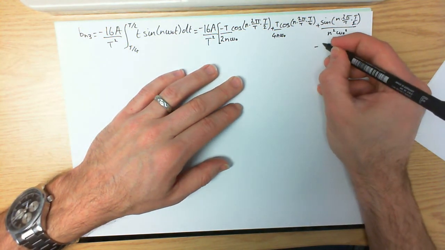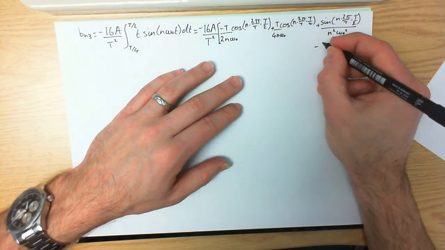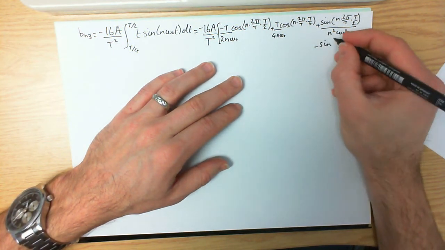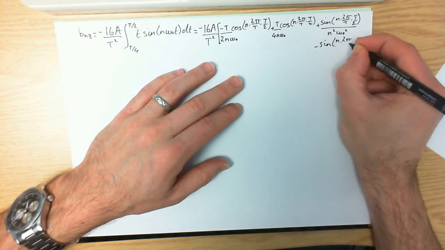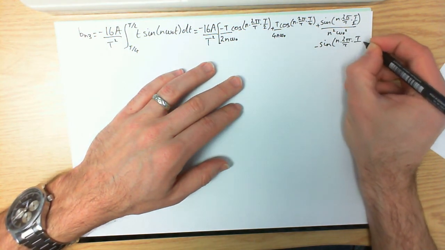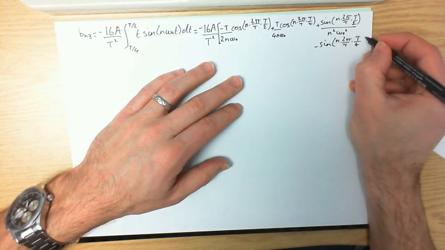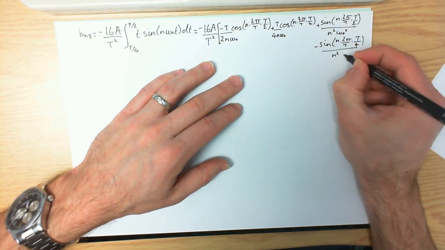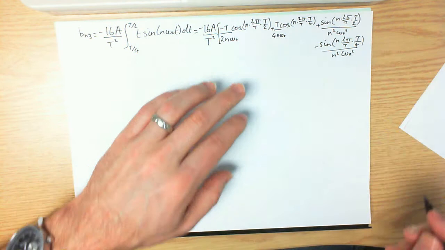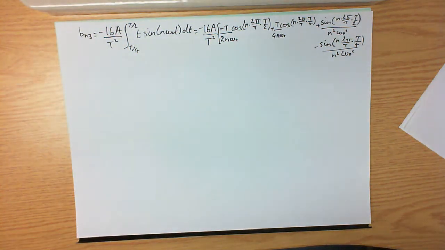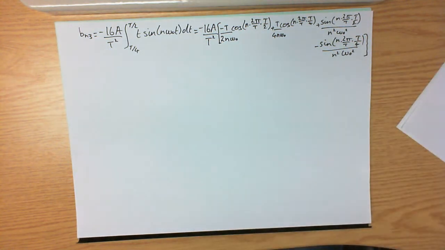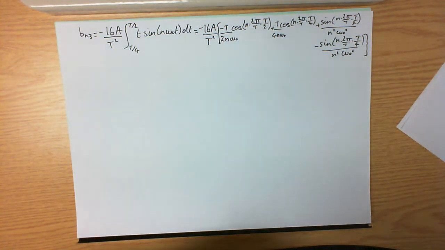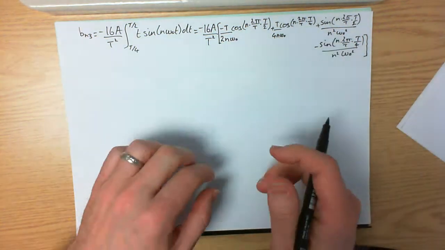And we're also going to get, for the lower limit of that integral, negative sine of n times 2 pi over T times T over 4, over n squared omega naught squared. So that's writing down, using the integration by parts that we've already derived, the full integral.